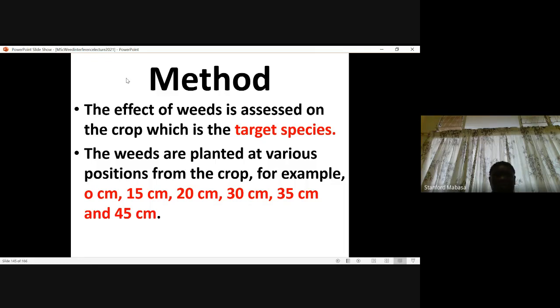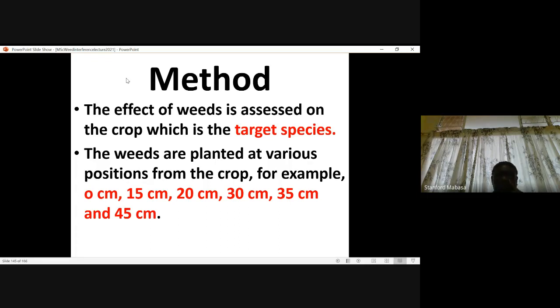Now, the method which is used is that we assess weeds using crop as the target species. So for the impact of the weeds, we have to measure the crop response when we have weeds.